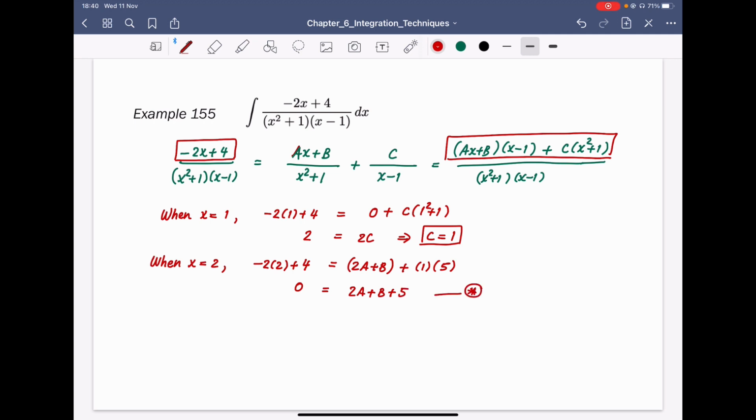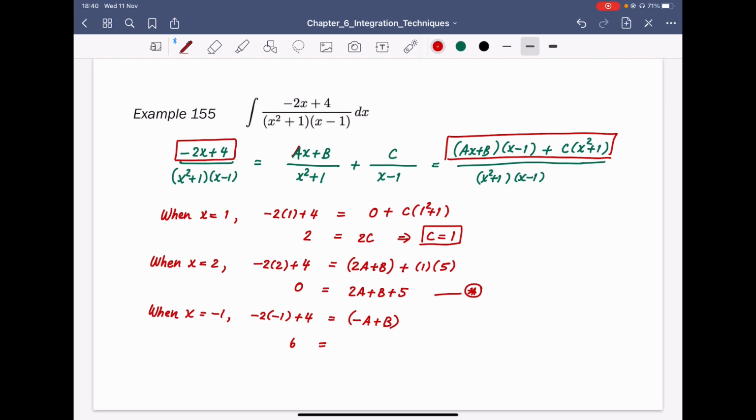All right, I start it. So next, I'm going to look at when x equals negative 1. Well, I have negative 2 times negative 1 plus 4. So on the left hand side, I have number 6. So on the right hand side, I have negative a plus b, right?